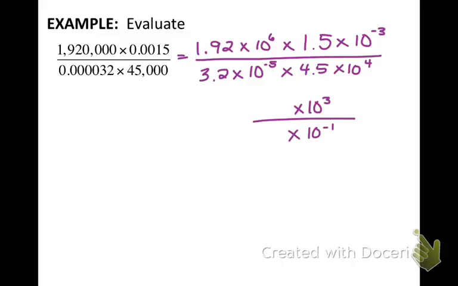So now I do have to do a little bit of calculator work, unless you want to take 1.92 and multiply it by 1.5 by hand. So 1.92 times 1.5 is 2.88. And then 3.2 times 4.5 is 14.4.